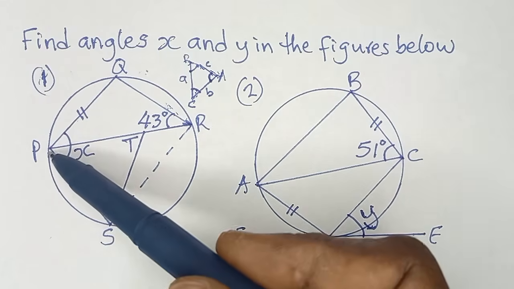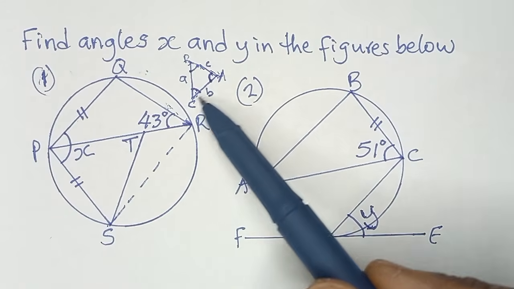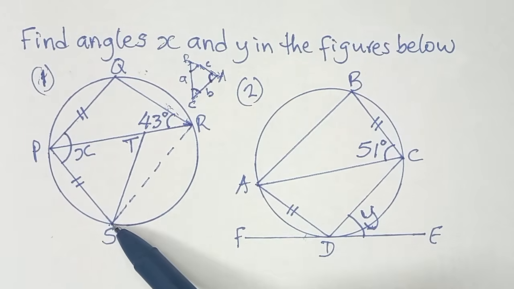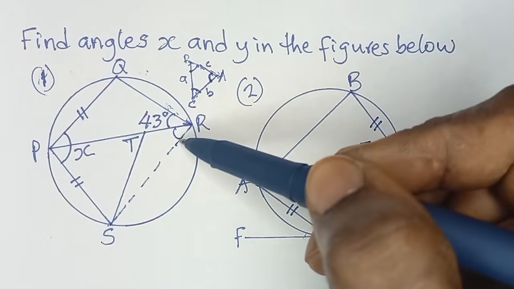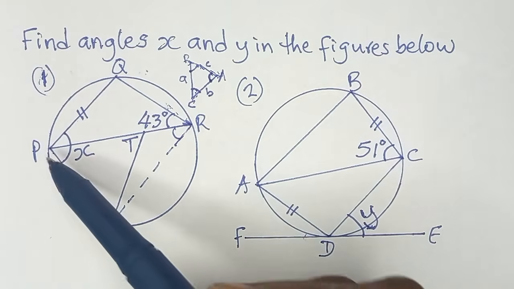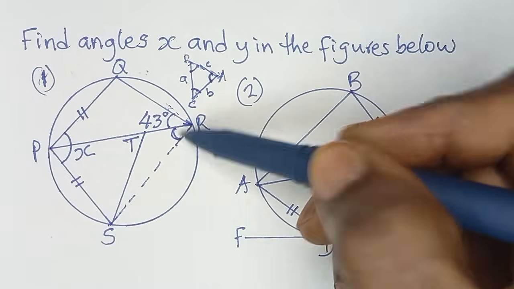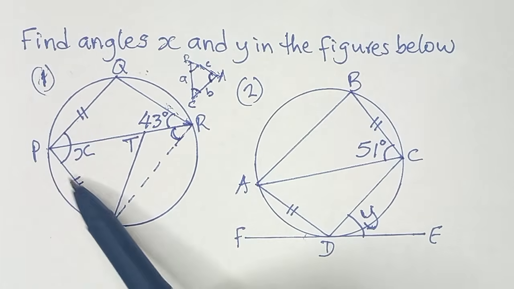So now this PS, if you look at the opposite angle, just like the way I've illustrated here, the opposite angle to this chord PS is this angle here. That is the opposite angle, because it is this PS that subtends this angle with respect to triangle PRS.